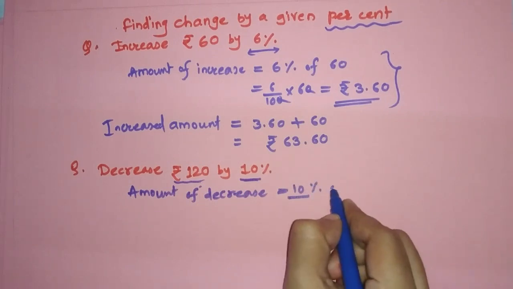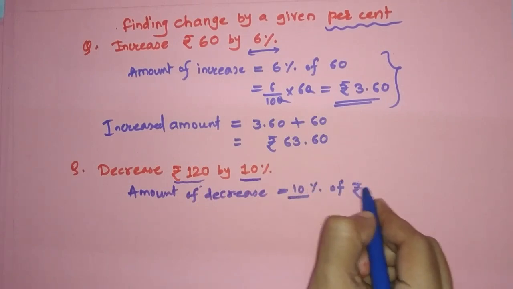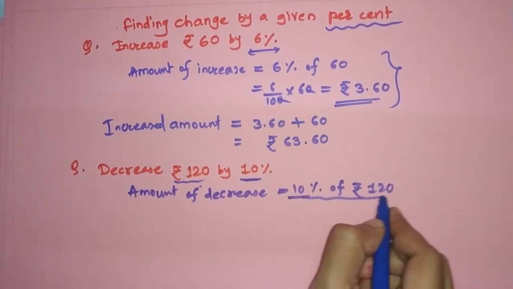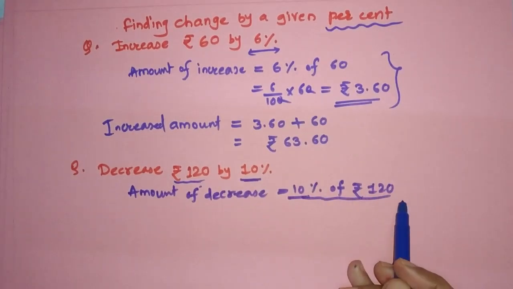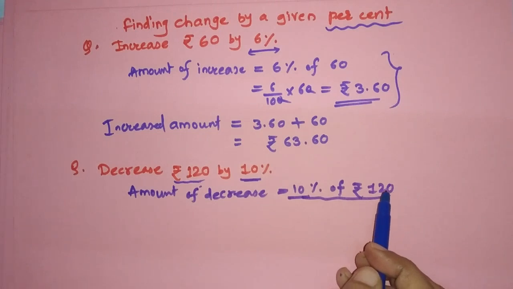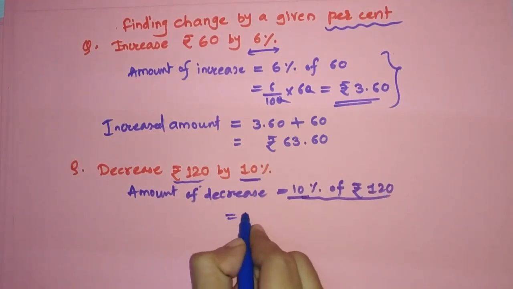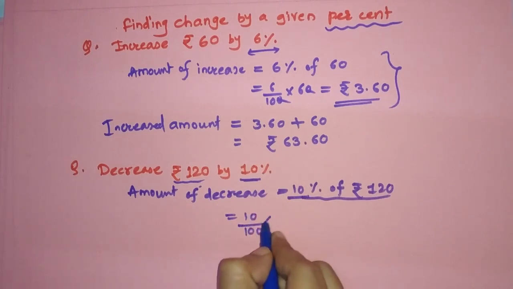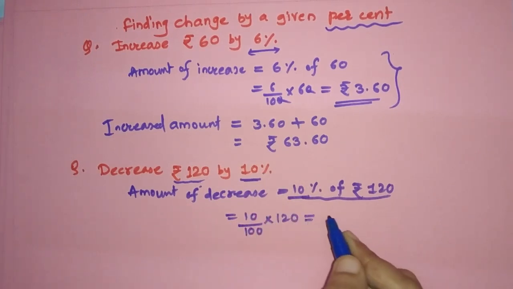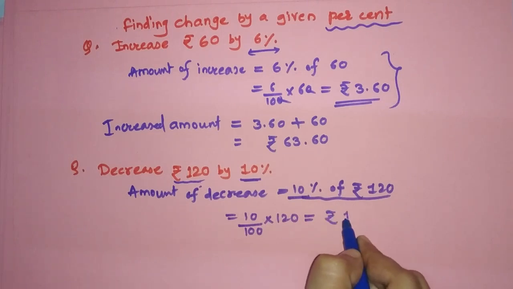That means we need to find 10% of rupees 120. So friends, 10% of rupees 120, whatever this comes to, we'll subtract it from the original one. So here 10% is 10 upon 100 of rupees 120. So you'll just get rupees 12.